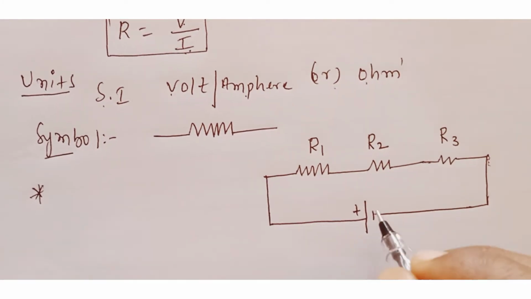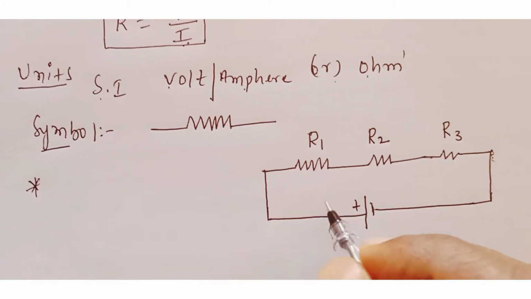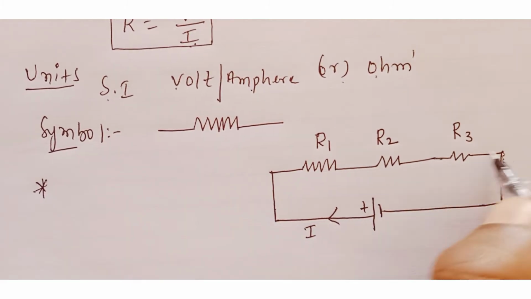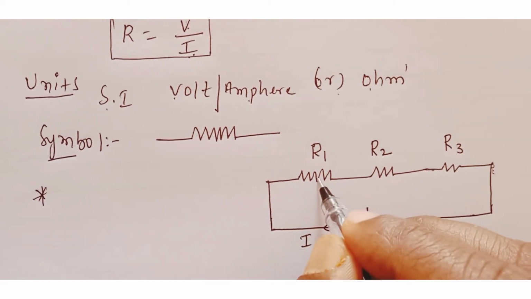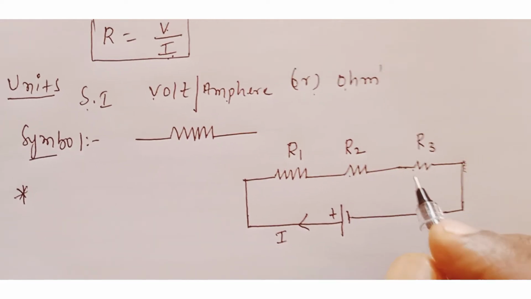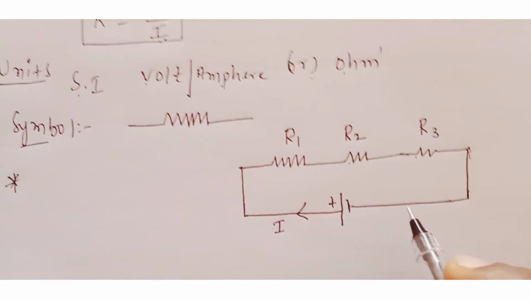Now, in this circuit, current flows from high potential to low potential. These three resistors are connected in series. In series combination, throughout the circuit, the amount of current I is constant.